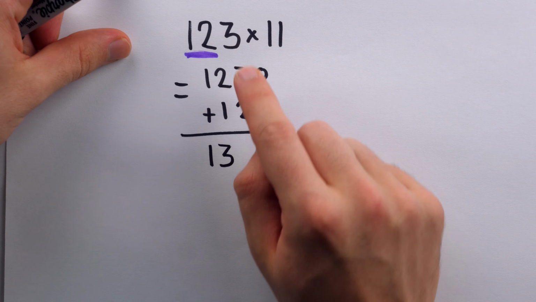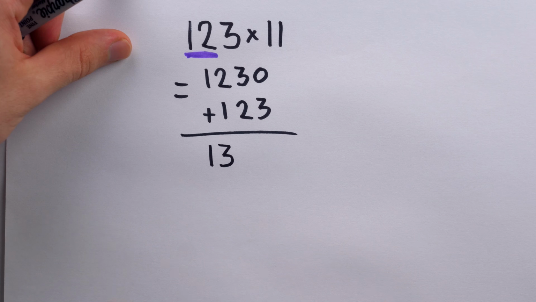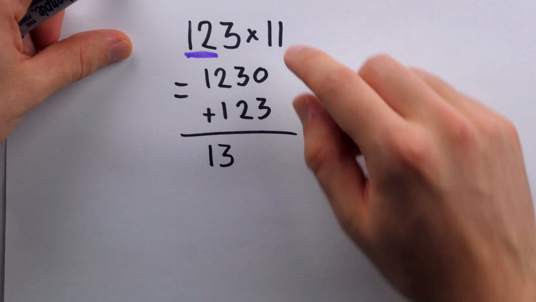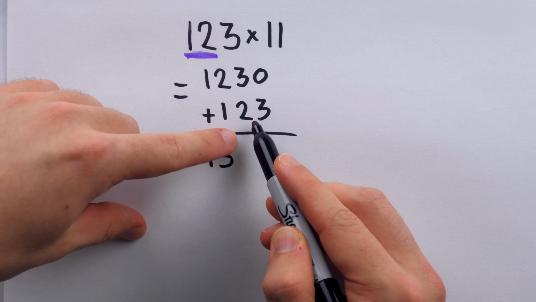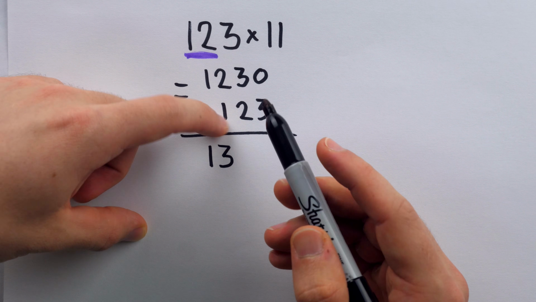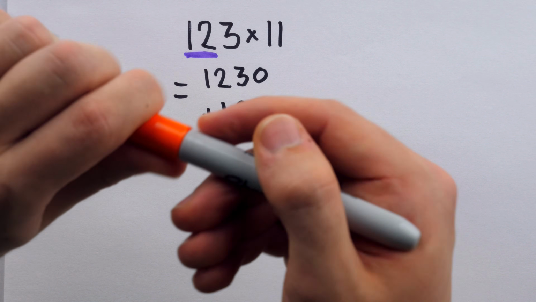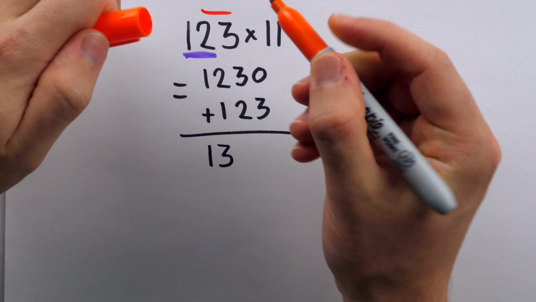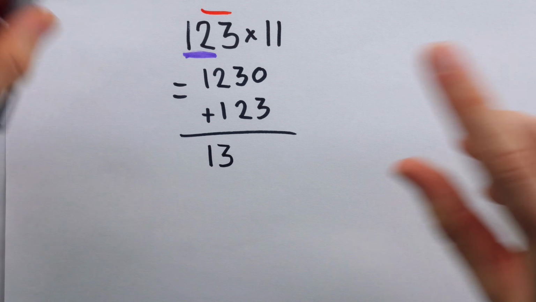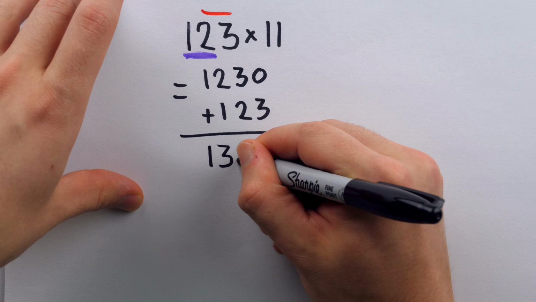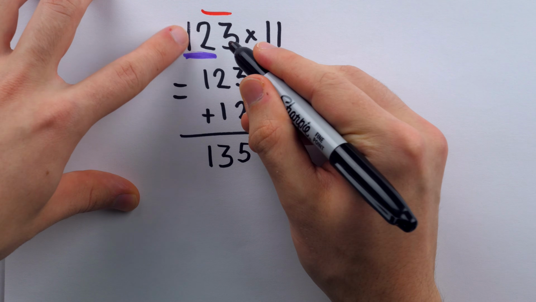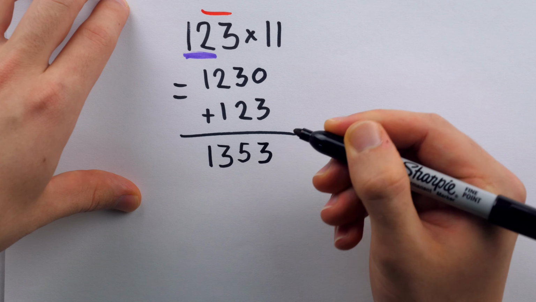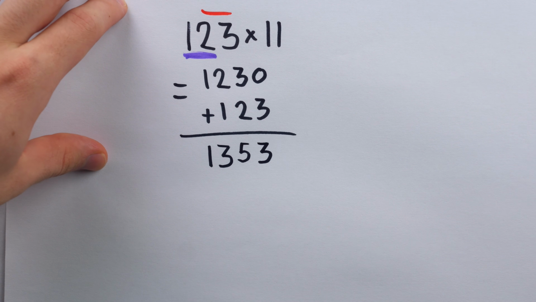This 3 gets moved to the tens place because of the multiplication by 10. But then also, because of the multiplication by 1, the 2 that was already in the tens place is also there. So because these digits are adjacent in the number, we have to add them together to get 5. That's that next digit that's in the tens place. And then, of course, because of the multiplication by 1, the number is still going to end in 3, which was originally in the ones place.